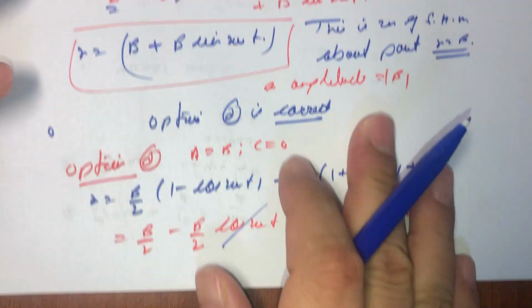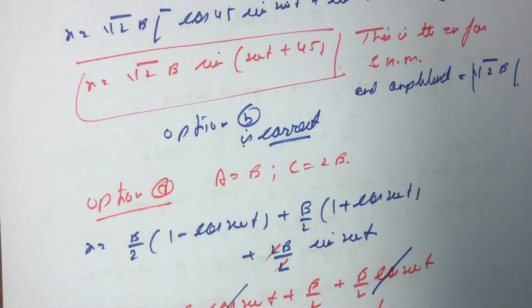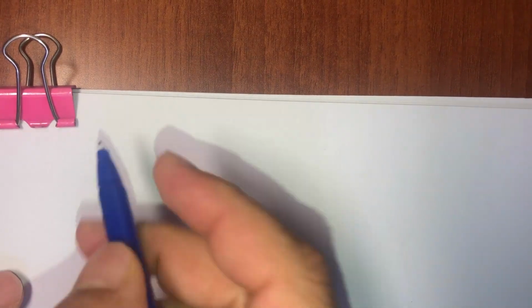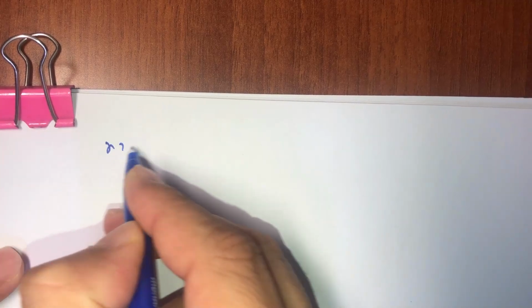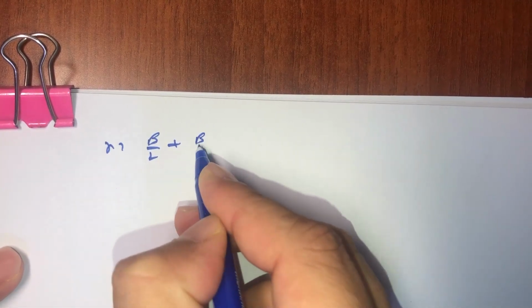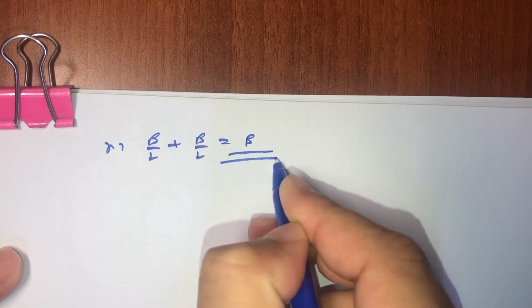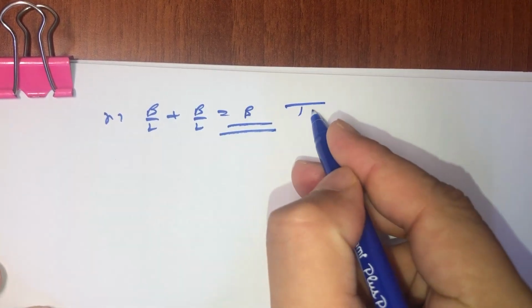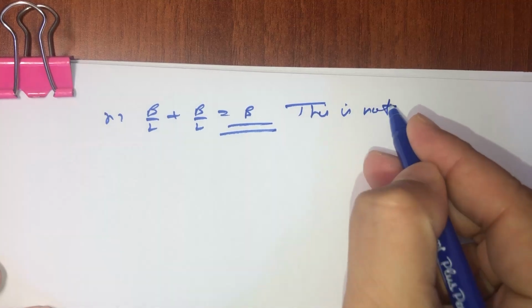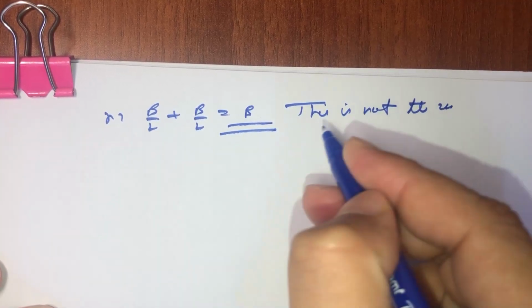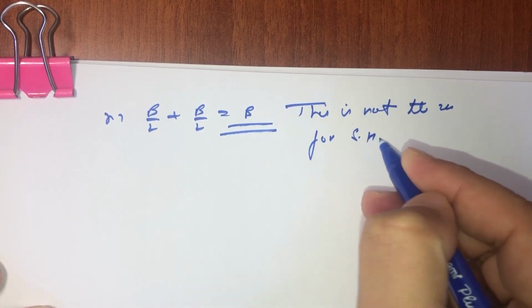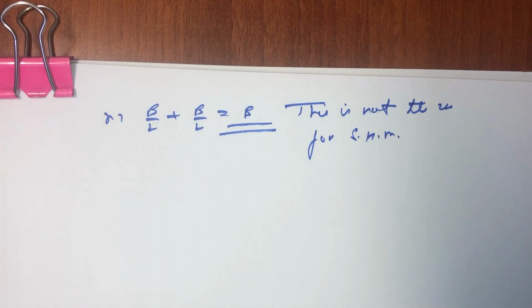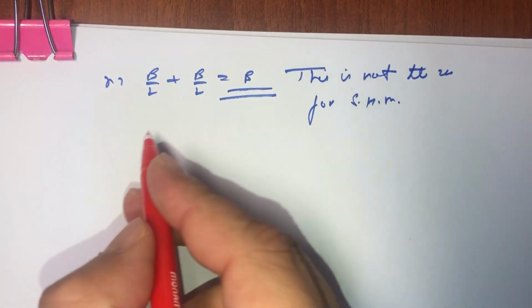These two terms cancel out, so we get x equal to B by 2 plus B by 2, which is equal to B. So this is not the equation for SHM. Therefore option C is incorrect.